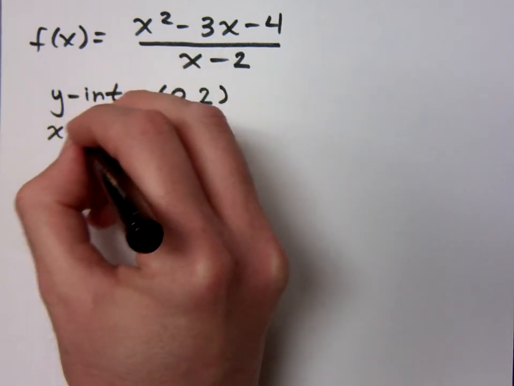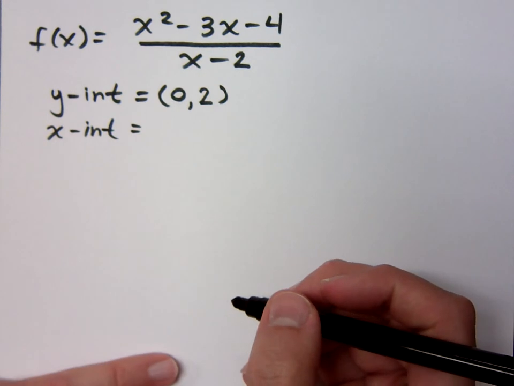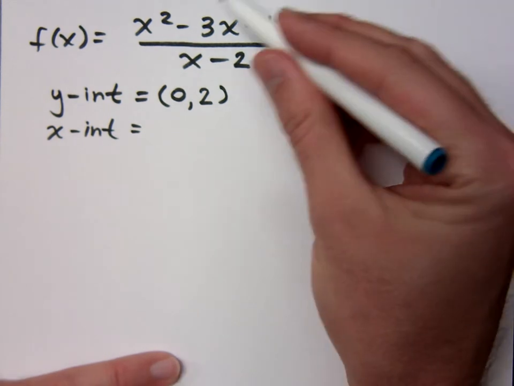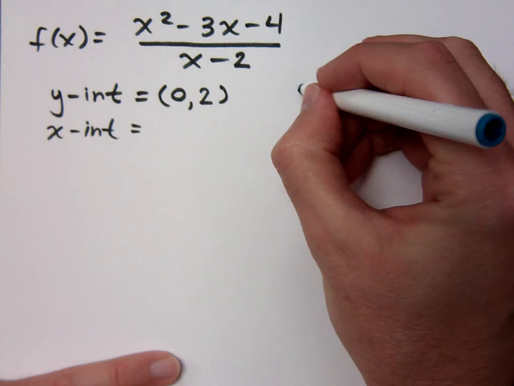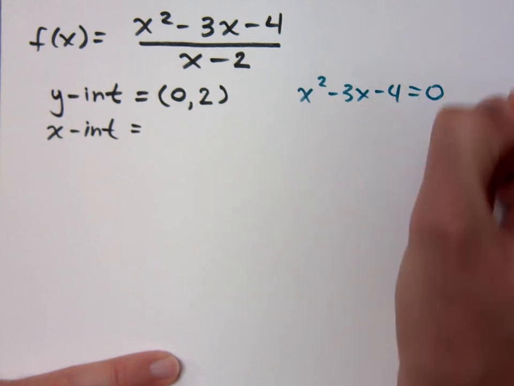For your x-intercept, you have to set the function equal to 0, but really, we just need to worry about that numerator being equal to 0 because it's one fraction. So if I take x squared minus 3x minus 4 equal to 0, how do I solve that?